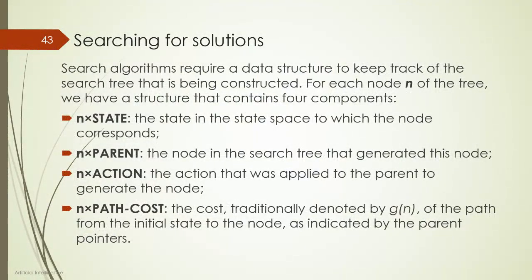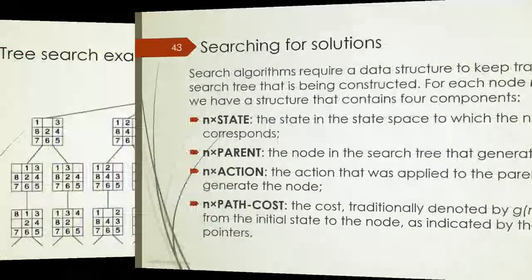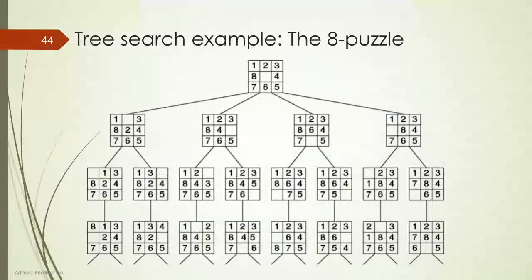Searching algorithms require a data structure to keep track of the search tree that is being constructed. For each node of the tree, so if my tree has n nodes, we have a structure that contains the state, parent, action, and path cost for each one. For the 8 puzzle, for instance, you see we have 4 branches in this situation.